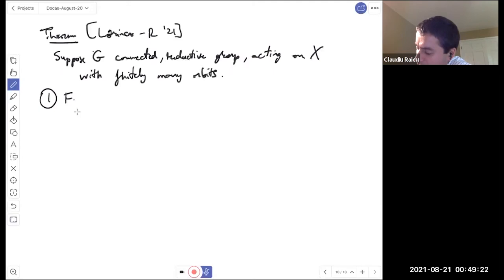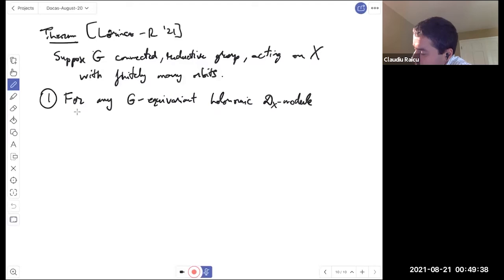Then there are two statements. The second one is the interesting one. The first one is just that for any equivariant polynomial D-module M, you can compute the de Rham cohomology. Of course, by definition, this is the cohomology of the de Rham complex.